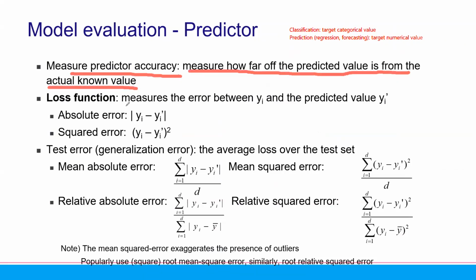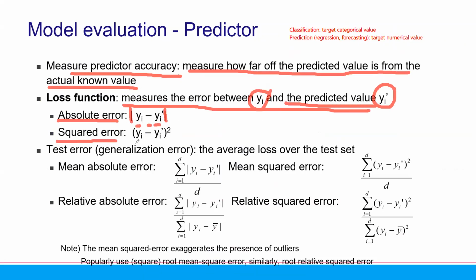So the loss function will be the measure between the actual values yi and the predicted values, which is yi prime. The absolute error means we use the absolute function of yi minus yi prime, the predicted value. The square error means yi minus yi prime to the power of 2.